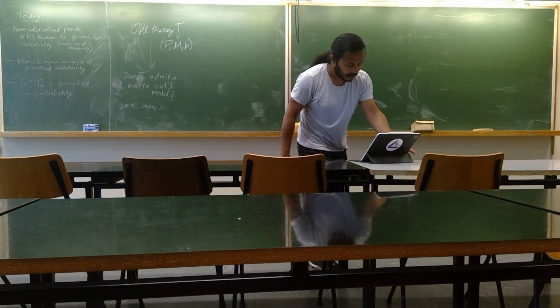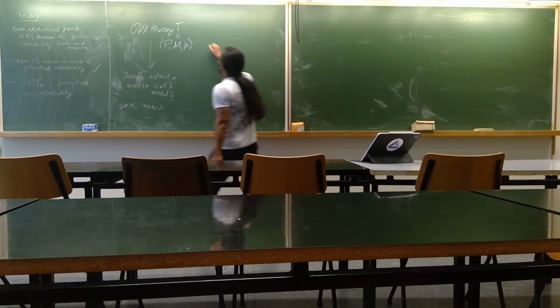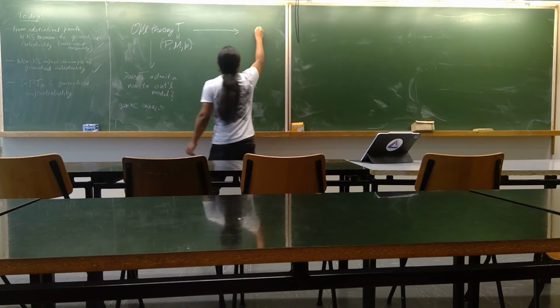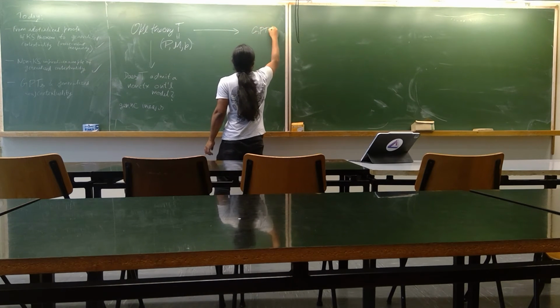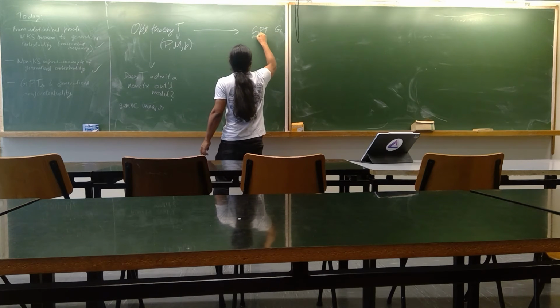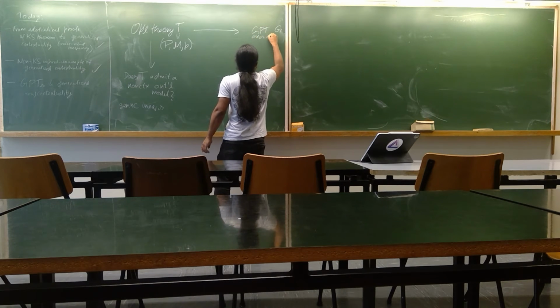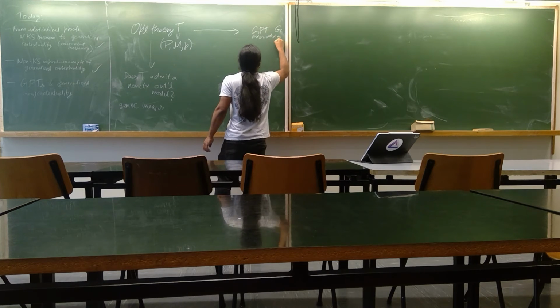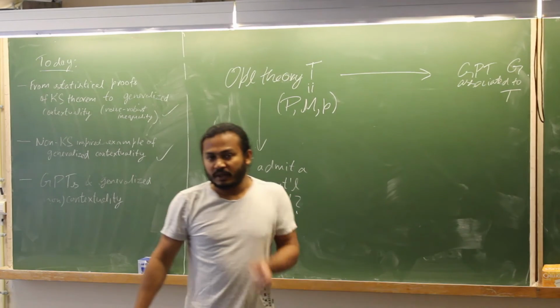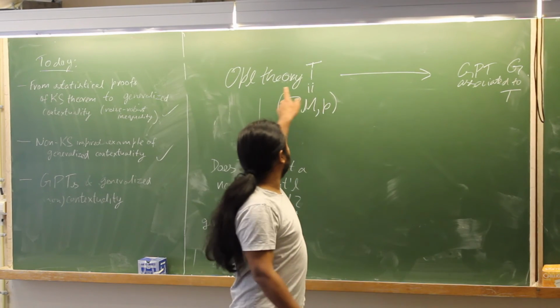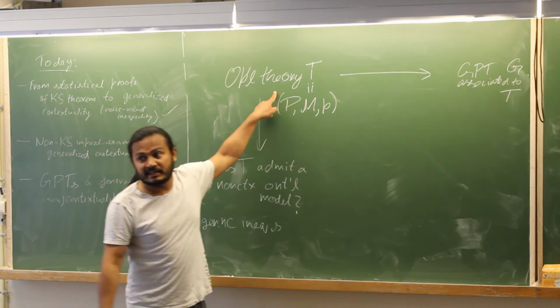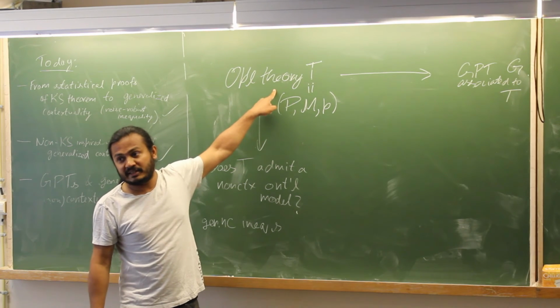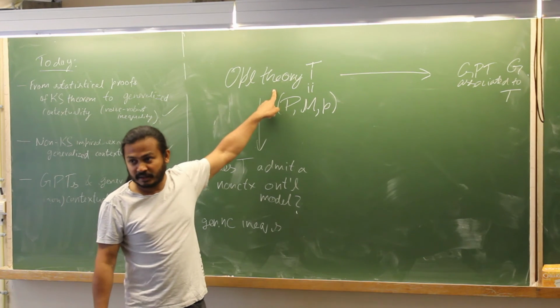And from an operational theory, you can go to a GPT, a generalized probabilistic theory, G, associated to T, okay? What the GPT does is it takes the equivalence structure, the equivalence classes in the operational theory, seriously. That's what it does, okay?